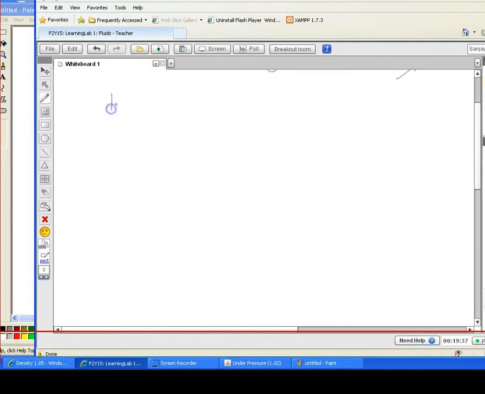The density of air is about 1.2 kilograms per meter cube. So if you wanted to calculate the pressure due to 1 meter of air, that would be h rho g. h is 1 meter, rho is 1.2 kg per meter cube, acceleration is 10 meters per second square.